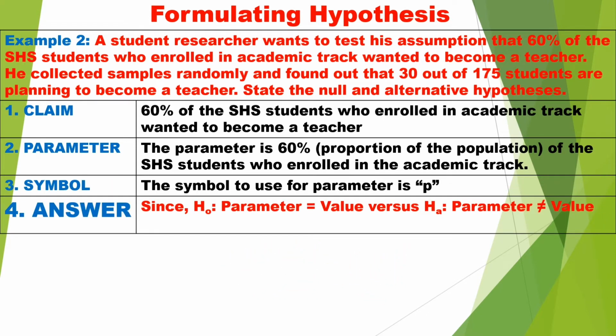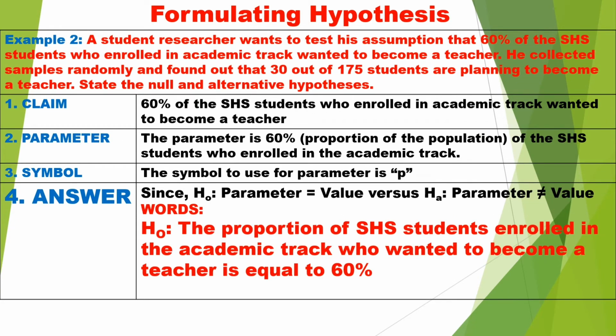Step 4, identifying the null and alternative hypothesis. Since the statement shows that H sub 0, the parameter equals the value, versus H sub a, the parameter is not equal to the value, in words, H sub 0 or the null hypothesis is: the proportion of senior high school students enrolled in the academic track who want to become a teacher is equal to 60.